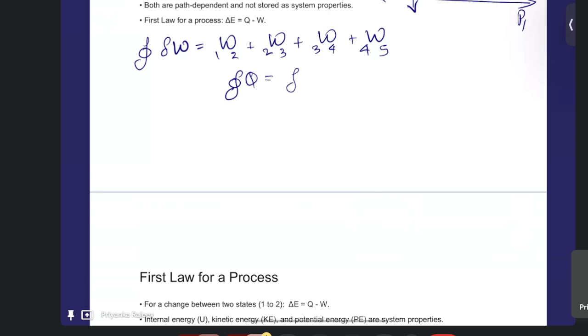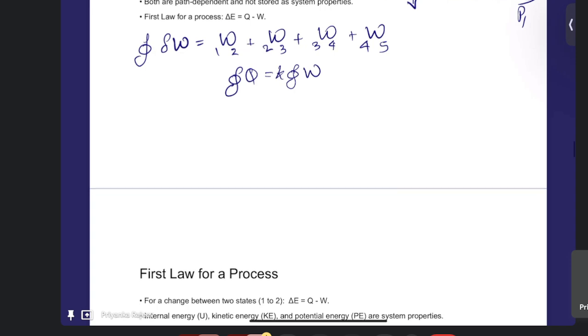Now it says this entire cyclic integral of heat is equal to the cyclic integral of work. So some proportionality should be there, which we take as K. Some value is there. Now in SI units this K is taken as 1.